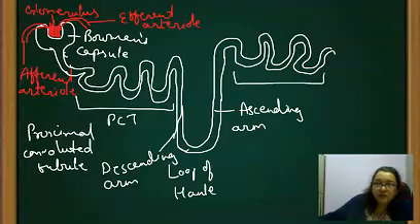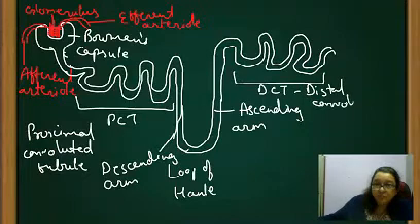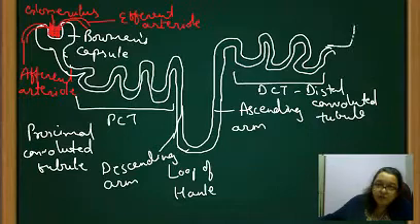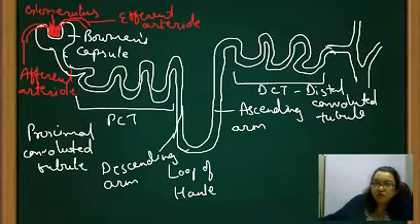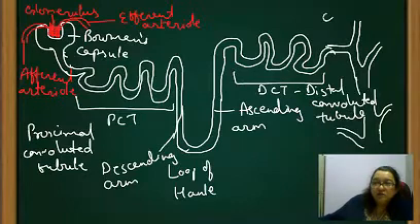So this part is known as DCT, distal convoluted tubule, and ultimately it joins with the collecting tubule. This collecting tubule joins with many such nephrons, means all the nephrons are joined with this collecting tubule.